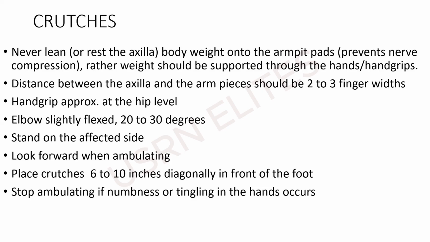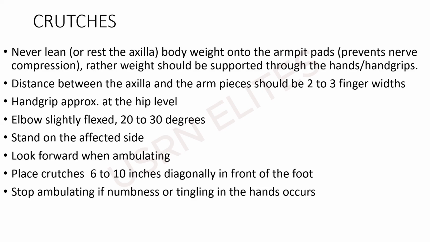And stop ambulating if you are ambulating. All right, because sometimes with this one we need more assistance, more than the cane. So sometimes the patient can become dizzy, the patient can feel a tingling sensation because you are using the hand to bear weight. So when it happens, what do you do?